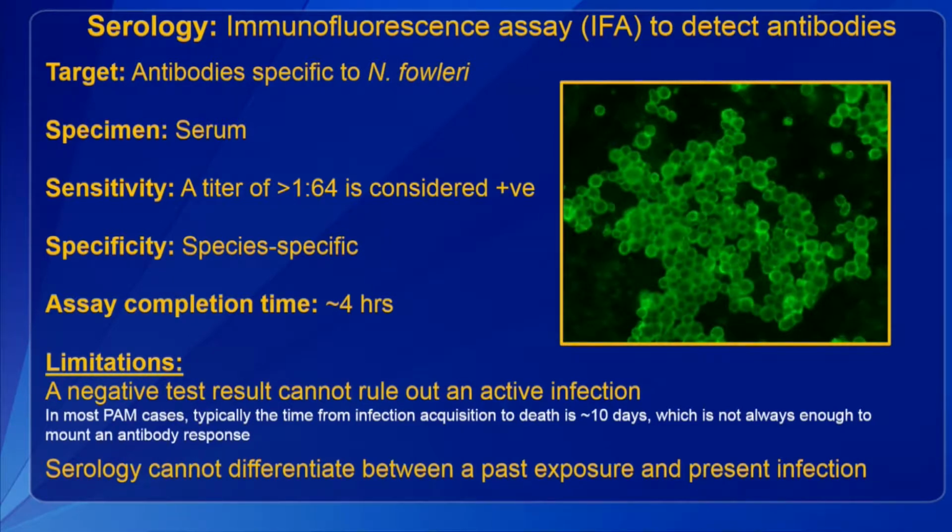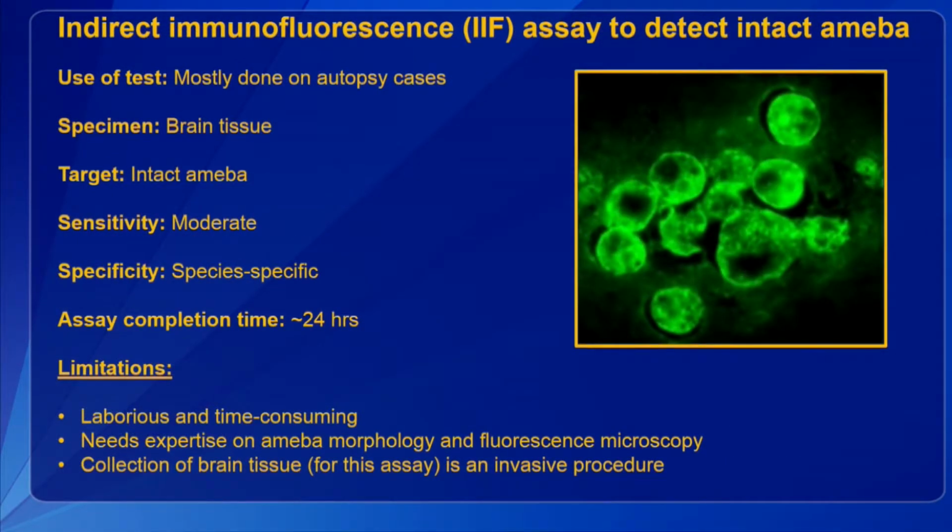A negative test result will not rule out an active infection because antibody response requires at least a few weeks to develop. As in most PAM cases, we do not see an antibody response. And even if a serology is positive, it will not differentiate between a past exposure and present infection. That's why serology is not very good in terms of diagnostic technique.